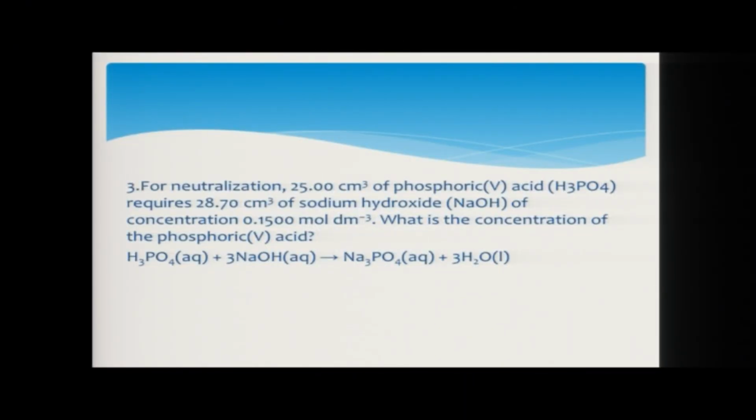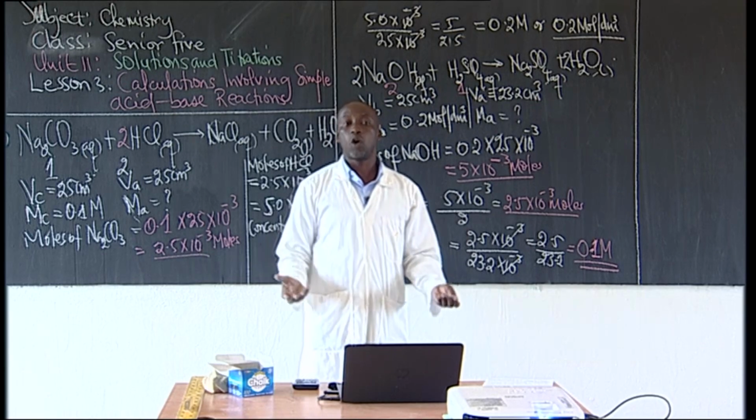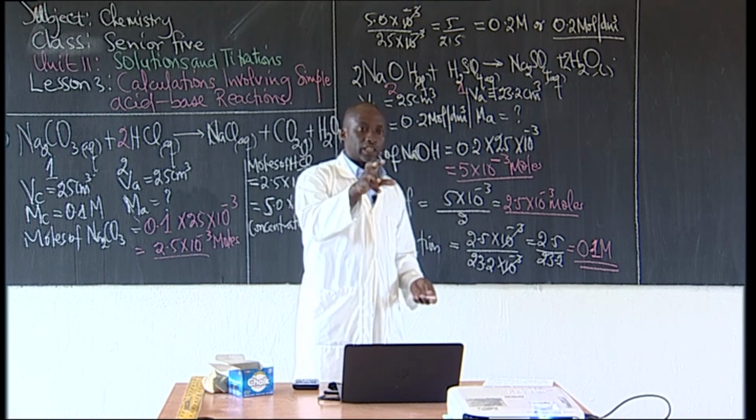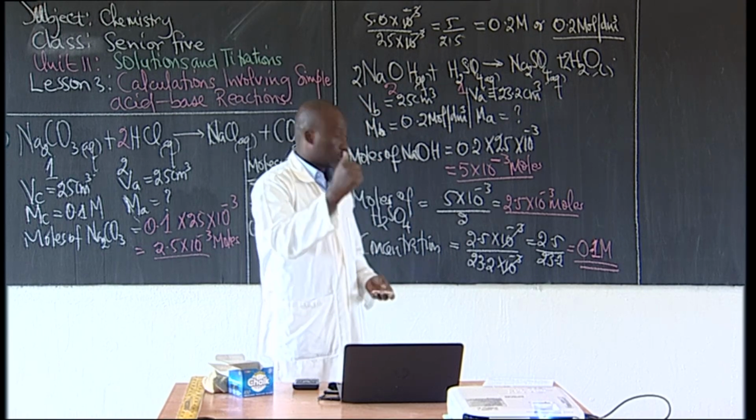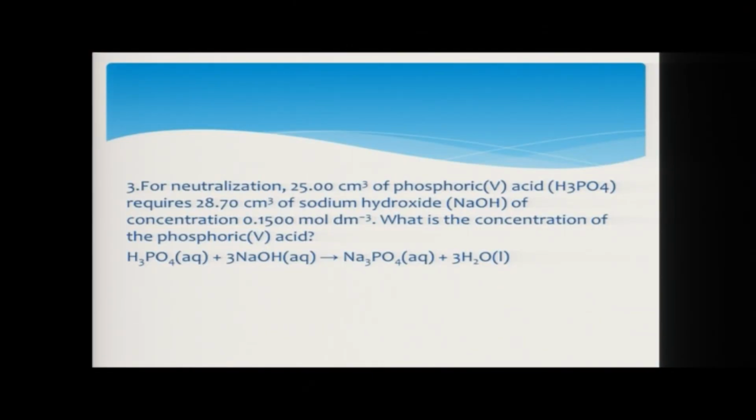Is it different from what we are doing? I think it is not, because if you look at the question, you realize that what we need is the reaction. And once the reaction is given to you, then it becomes very simple for you to work out. So let's proceed and try.